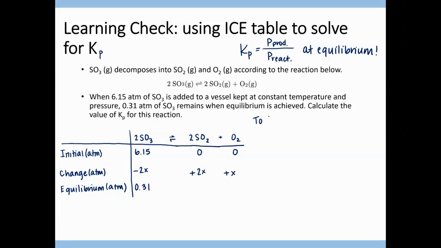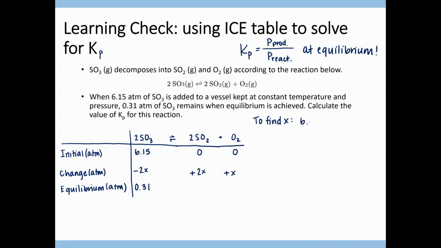Now we need to find x. How can we do that? Yes, we will say initial plus the change is equal to equilibrium. Exactly what you said, I'm just going to rearrange the equation slightly.